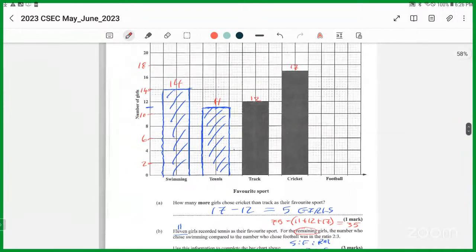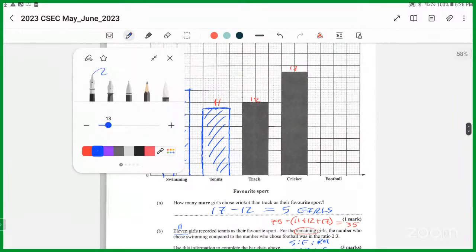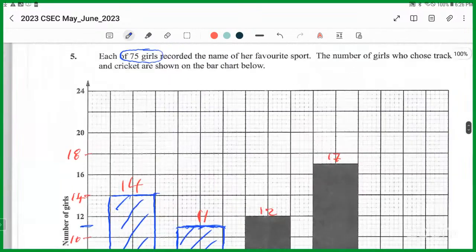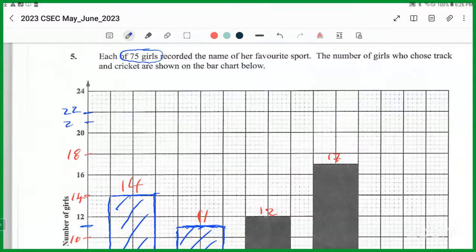Another one going up to 21. 21 is on this line, right in between here, 21.